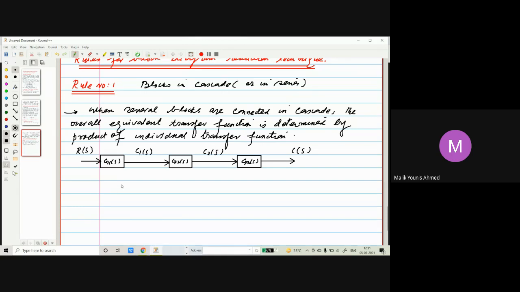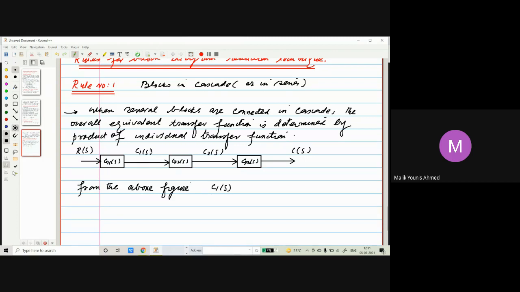So how can we say that we can obtain the overall equivalent transfer function just by the product of the individual transfer functions? That means the overall transfer function C of S by R of S should be equal to G1, G2, G3. That's fine. So from the above figure, C1 of S, you can see here clearly.